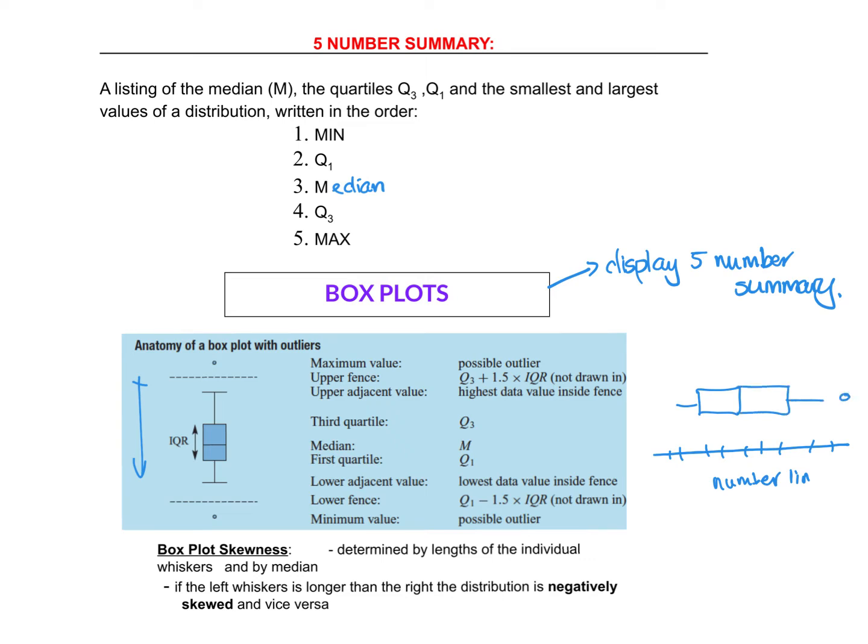So the line in the middle is the median. The top of the box, so we call this the box, is the Q3. This one's the Q1. Now that dot, even though it's an outlier, is the highest, so that would be the maximum. And down here is the minimum, okay?